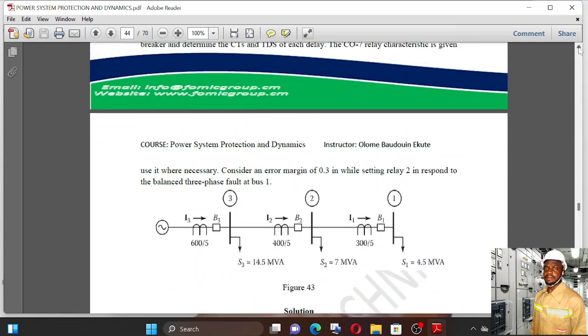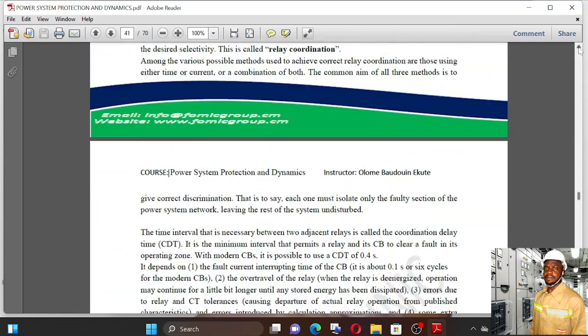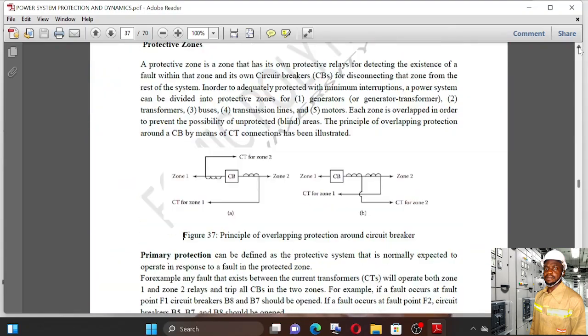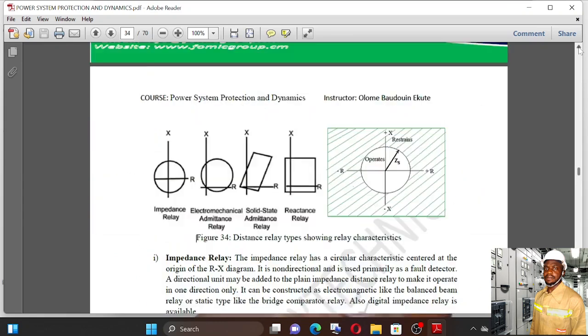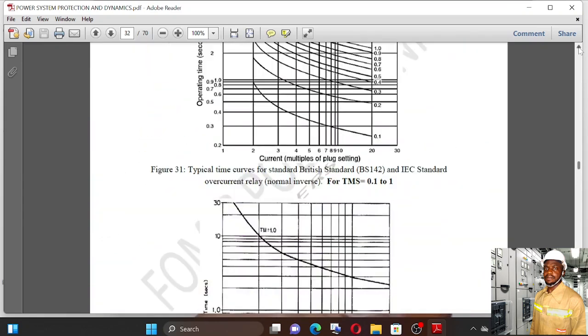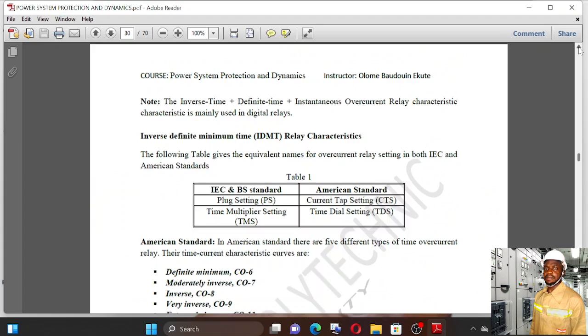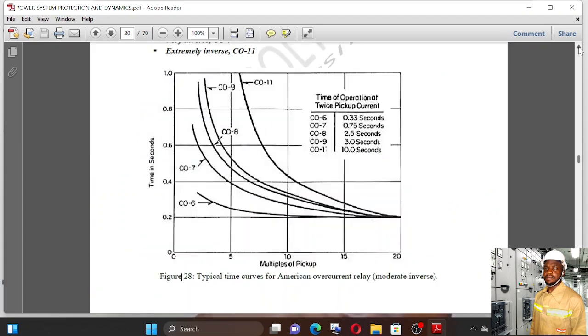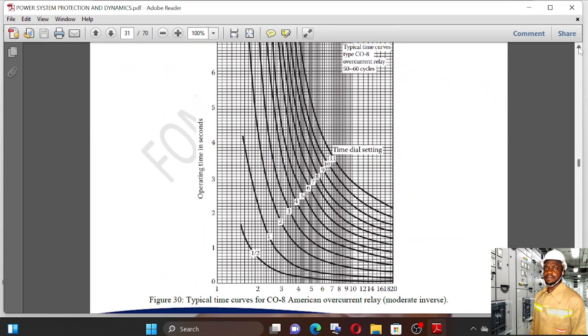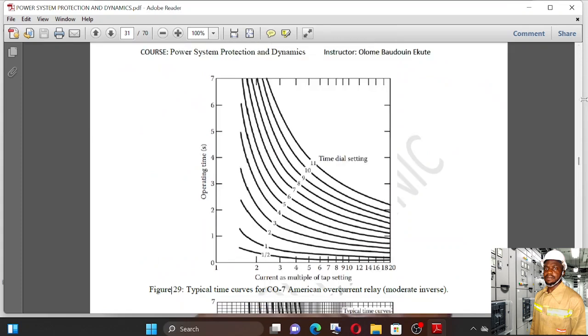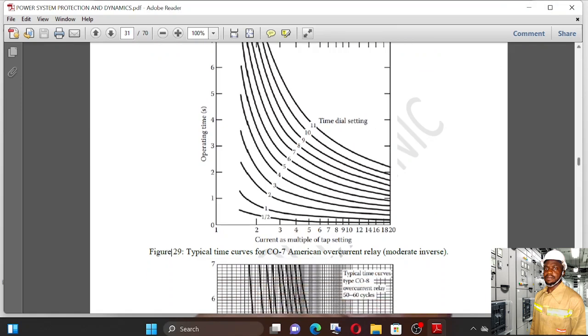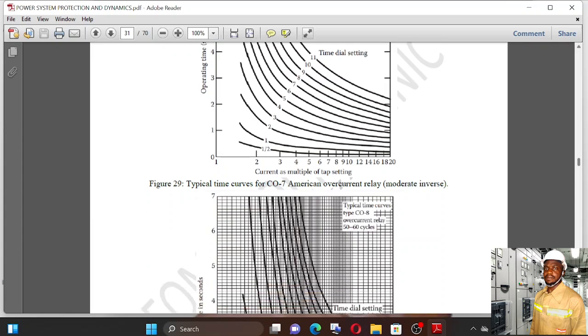For example, let me go back up there on this characteristic. It's very, very far. Okay, CO8, CO7. So we see here, it has not really been specified here.